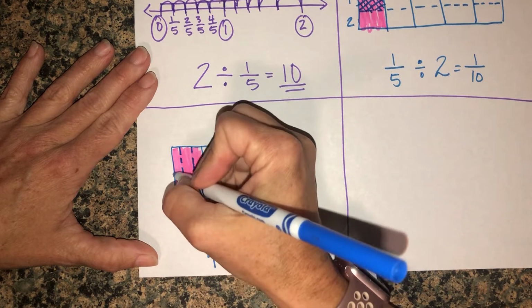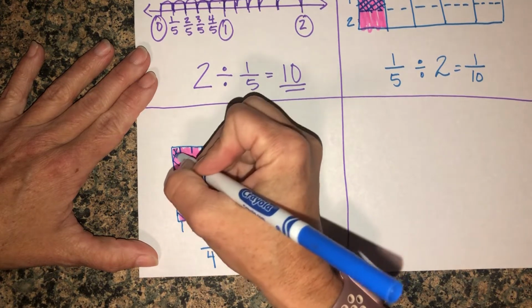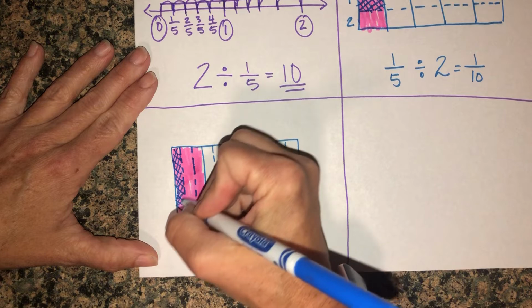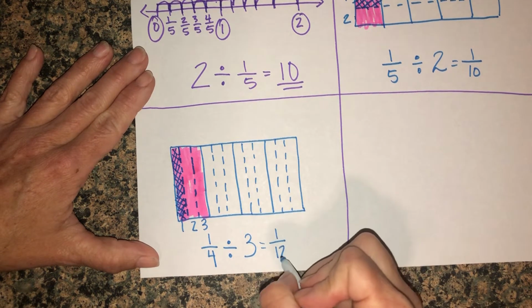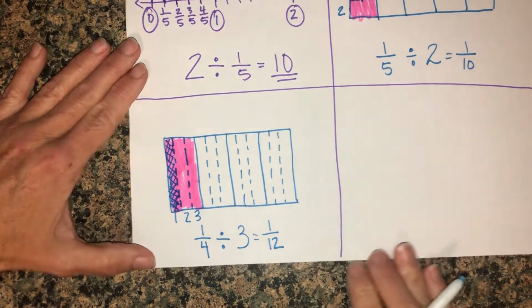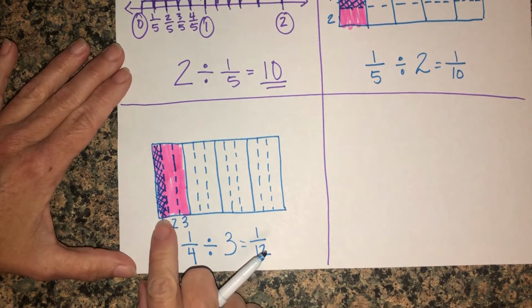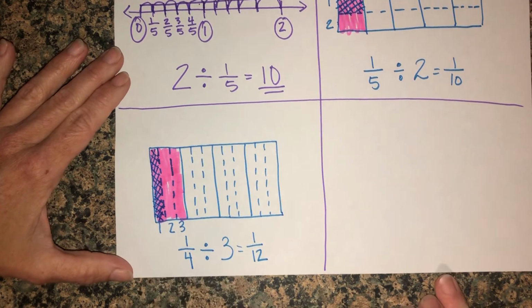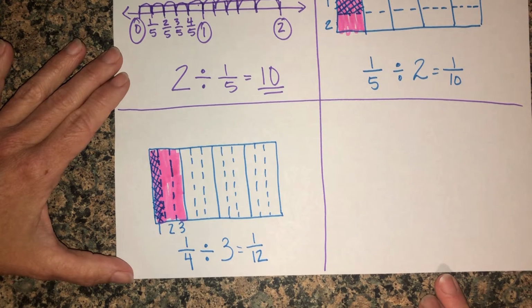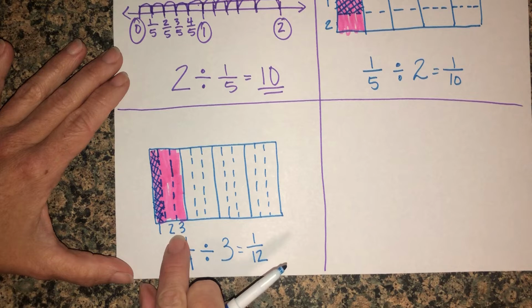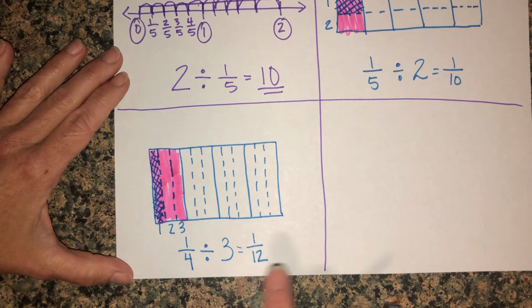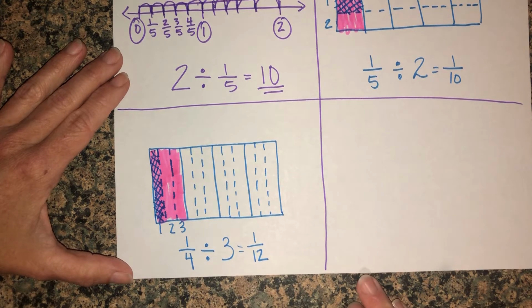And this piece here, this tiny piece, is 1/12 of the whole, and that would be my answer. Sometimes they will double shade it, and sometimes they're just going to draw the lines, guys. But if you look at how many pieces did I split it up into, what did I start with, and then from there you can figure it out.